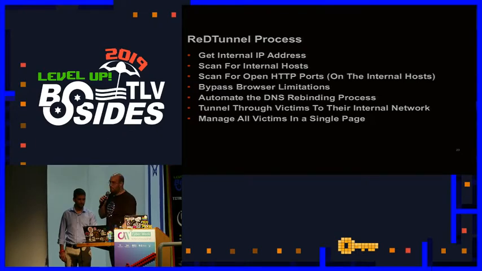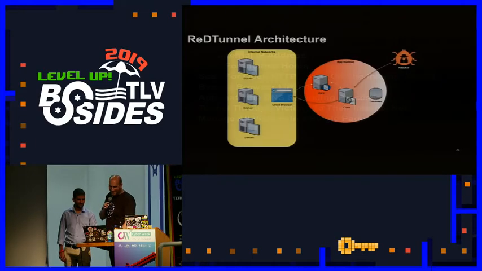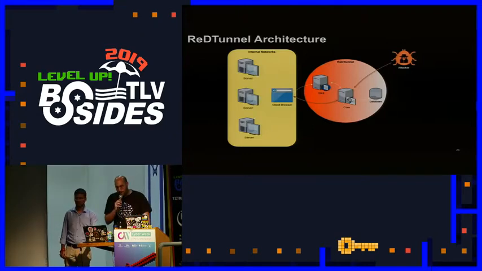Thanks, Dima. So, ReDTunnel architecture. This is how ReDTunnel looks. We have the core application. The core application is actually the management and the victim side, and the client side that attacks the victim. So we have the client browser.